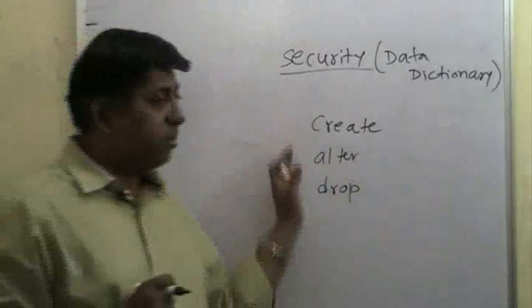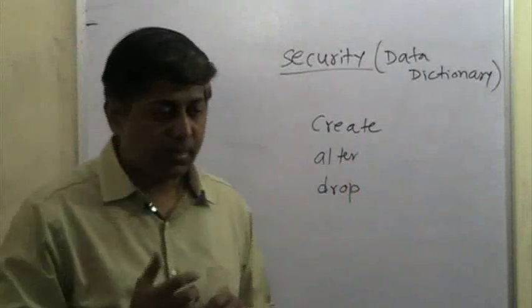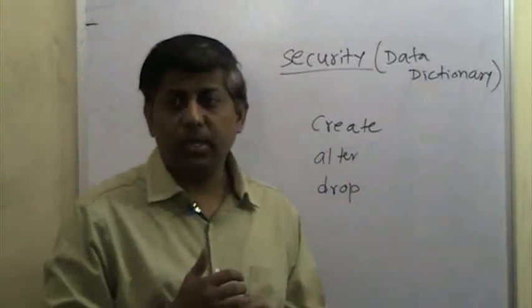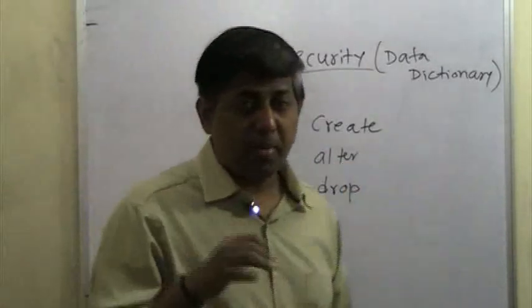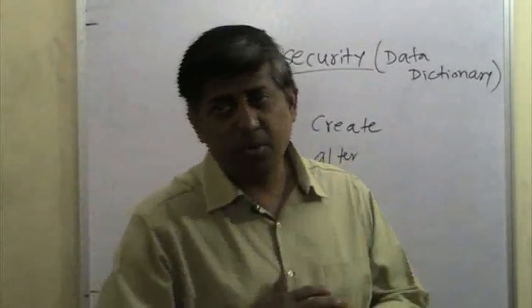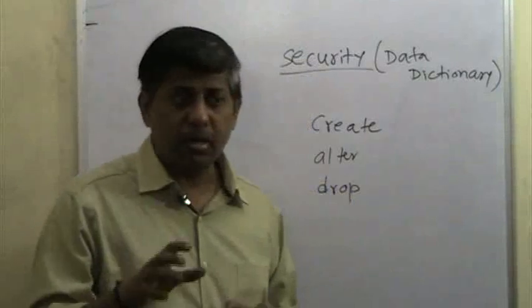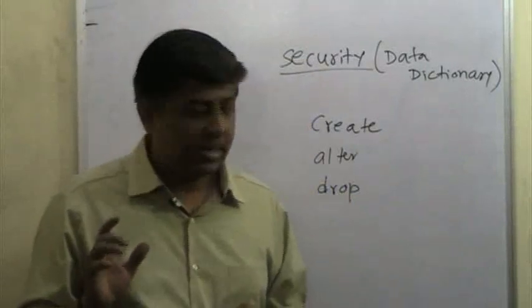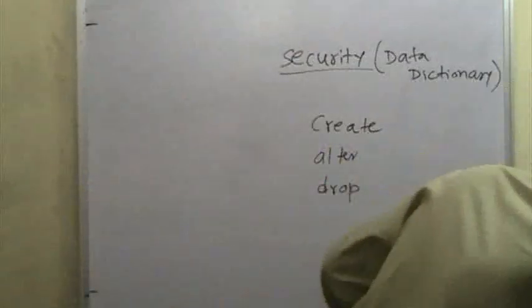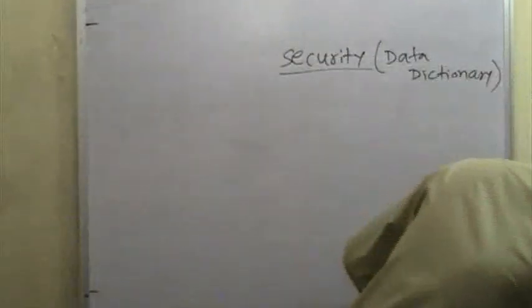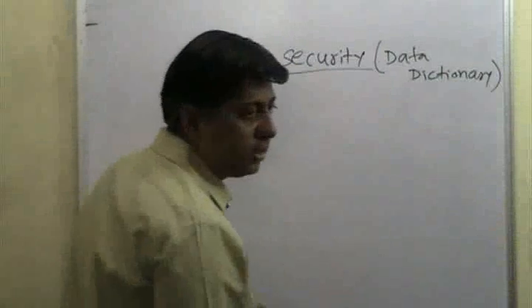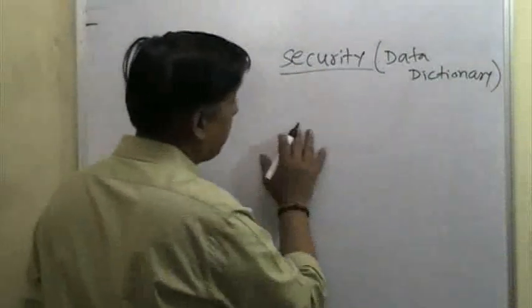Information about all these objects is stored inside data dictionary views, and a good DBA should memorize these data dictionary views. The more data dictionary views you remember, the better DBA you are. So I would suggest that on the last page, or some special page in your book, you write down the list of all these views which I'm going to write here.